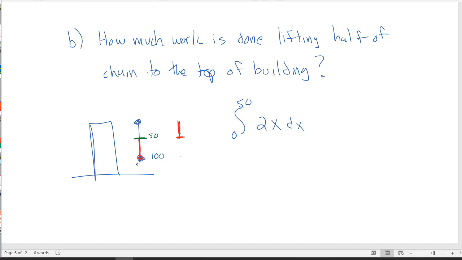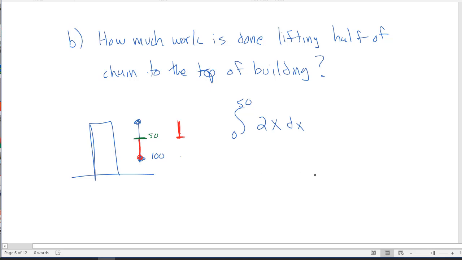The way that we're going to deal with the second segment here is we're going to treat this just like a box hanging on the end of this chain. So this chunk of chain on the bottom half doesn't lessen, if you will. If I just had a big huge box tied to the bottom at the 50 mark of this chain, this is like a big constant piece of weight moving.